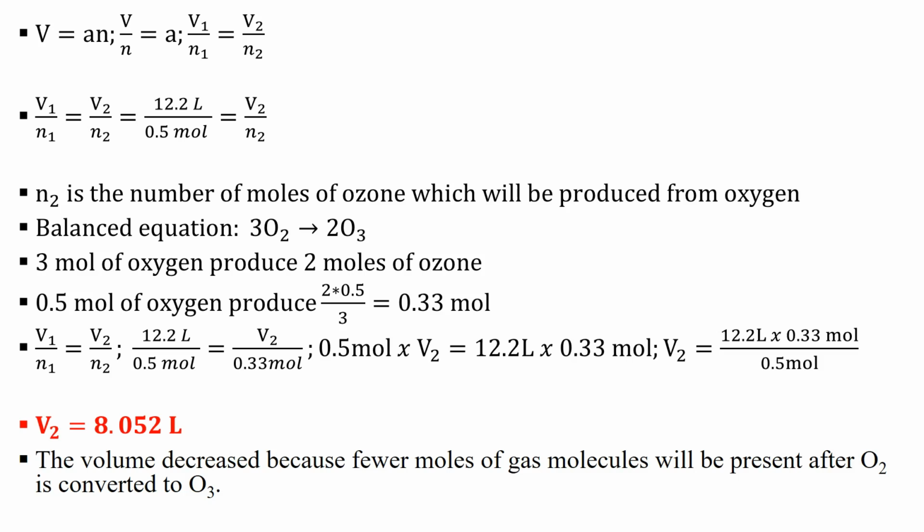After balancing the equation, we know that 3 moles of oxygen produce 2 moles of ozone, then 0.5 mole of oxygen will produce 0.33 mole of ozone. Then we have N2.